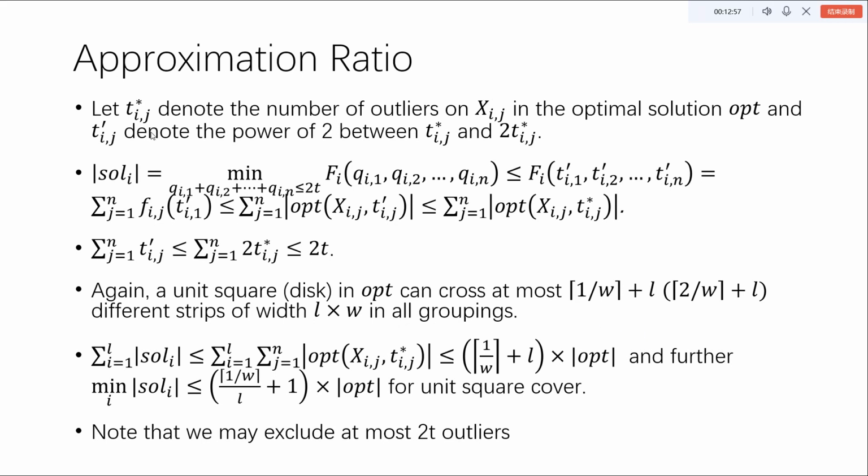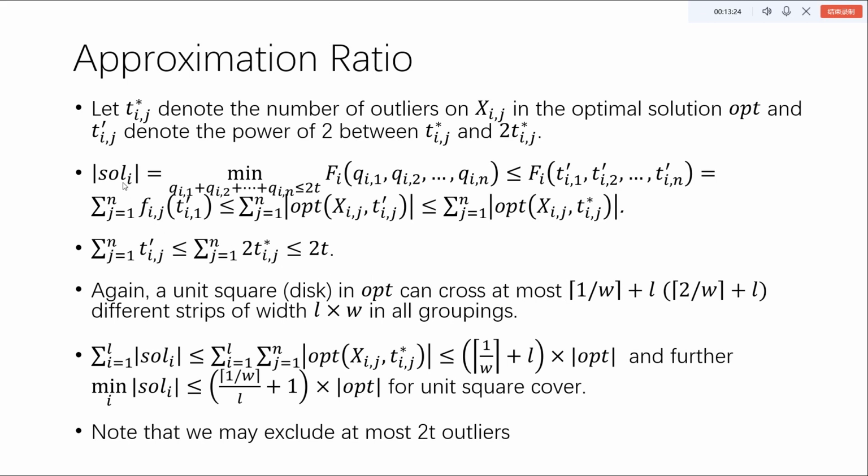Actually, we can prove the approximation ratio. We let Tij star denote the number of outliers in each white strip in the optimal solution OPT, and Tij prime denote the power of 2 between Tij star and 2 times Tij star.